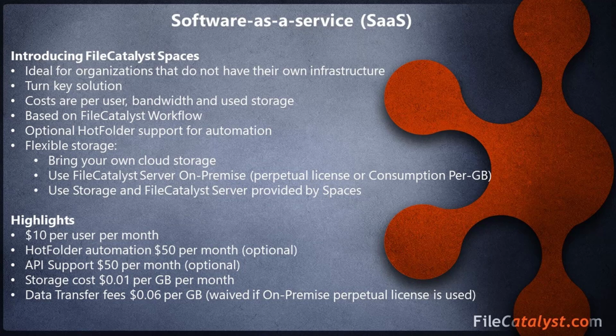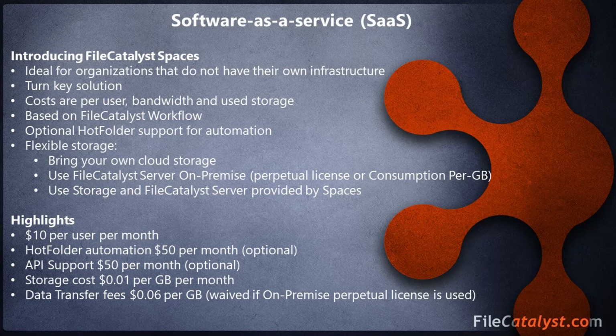The last option that we're launching soon will be FileCatalyst Spaces. It will provide you everything: the infrastructure, the networking, the storage. It's a turnkey solution. You just pay a monthly fee, and per additional user you pay $10 per user per month. You can add HotFolder automation to it.